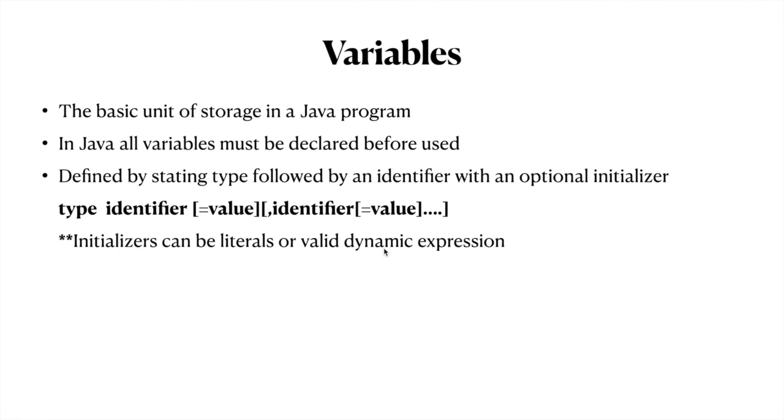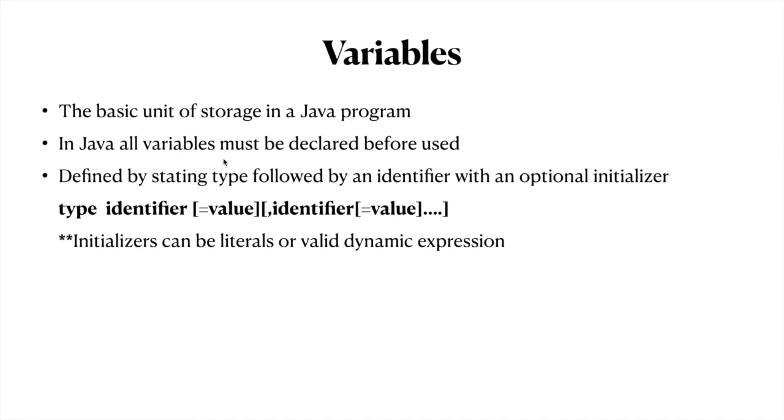And when we say dynamic expression, it is a valid expression that can result in a value. For example, if we have variables defined before the current definition of a variable, and we want the square of that variable as the value of the new variable that we have defined.